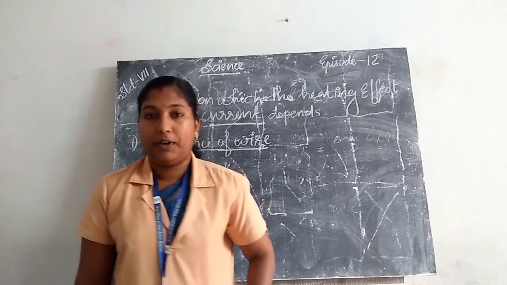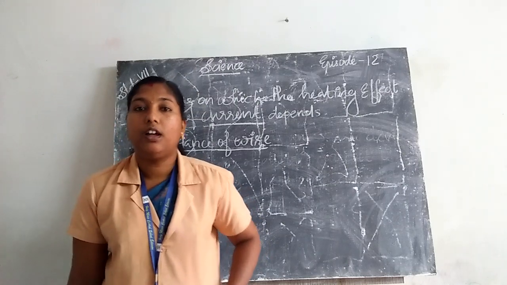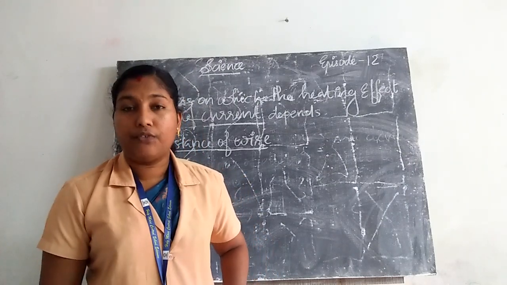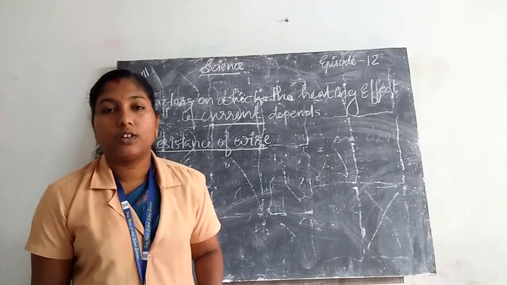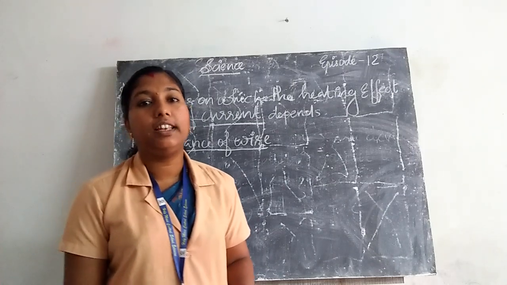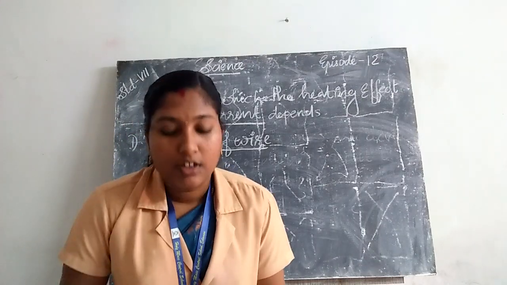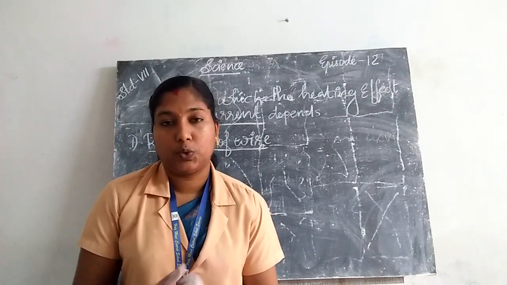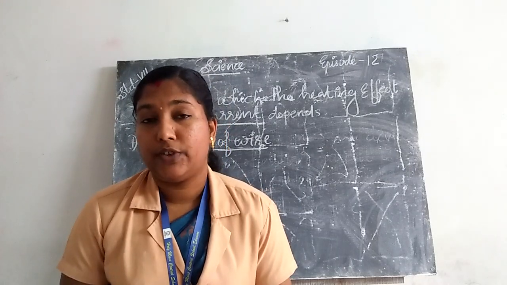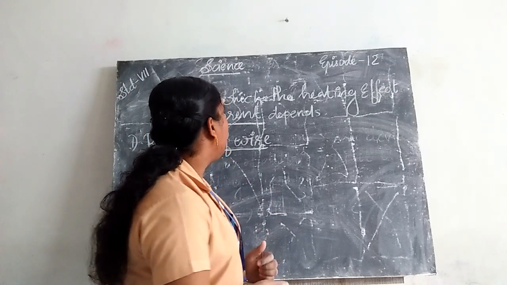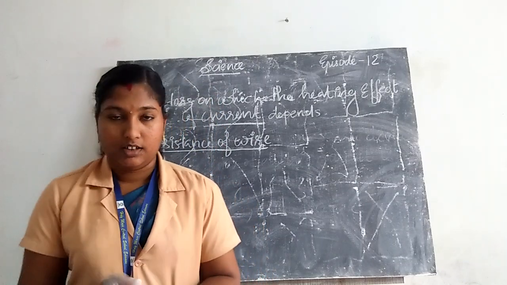Example, copper wire. Magnitude of current passed through a given wire is also a factor that affects the heating effect of electric current.